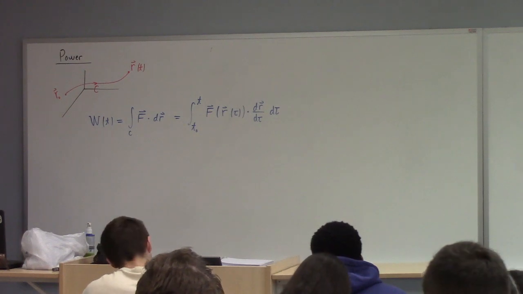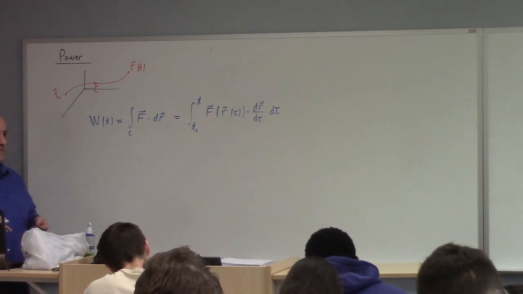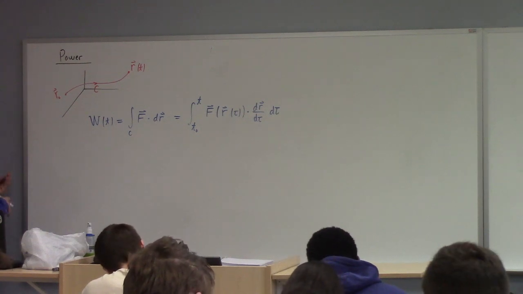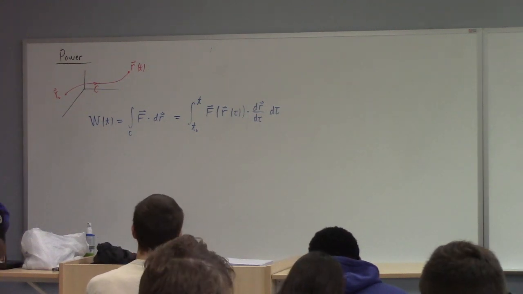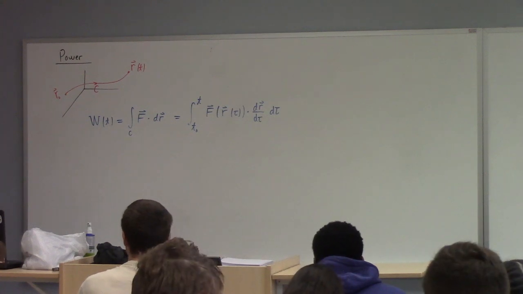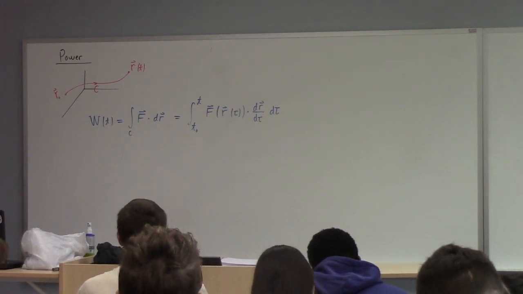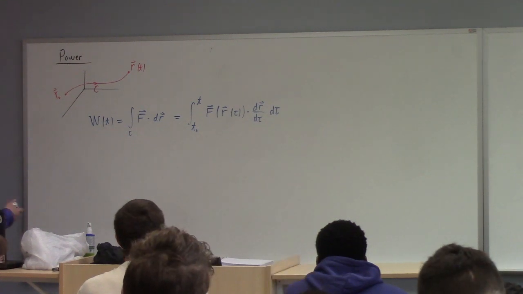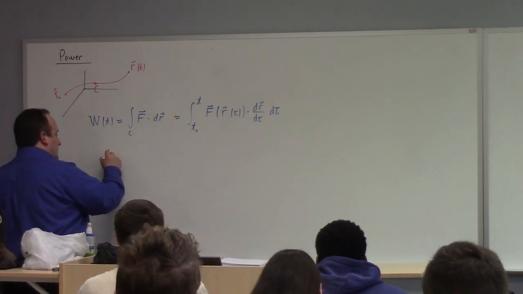And of course, the trajectory here starts at time t naught. So that would be the work done by the force F from time t naught to time t. Power is, by definition, the rate at which work is done by a force. So dW dt is the power.